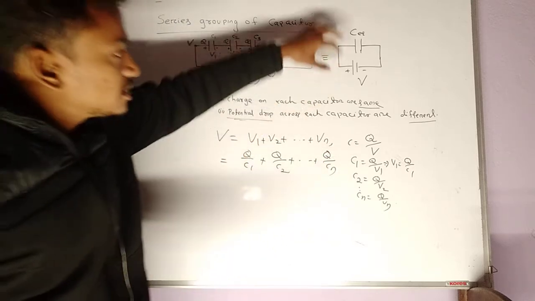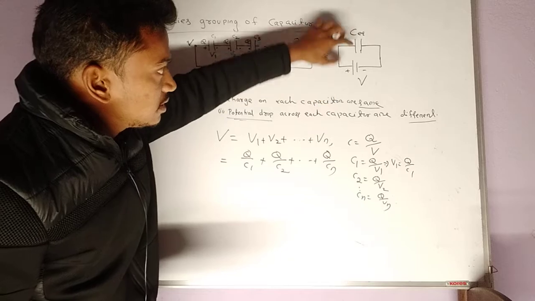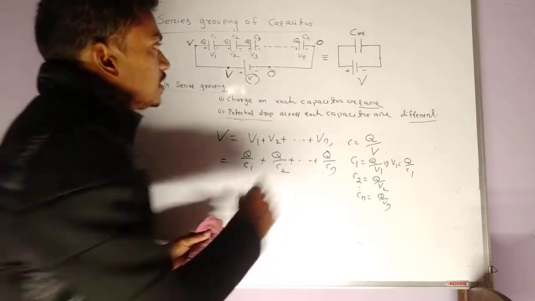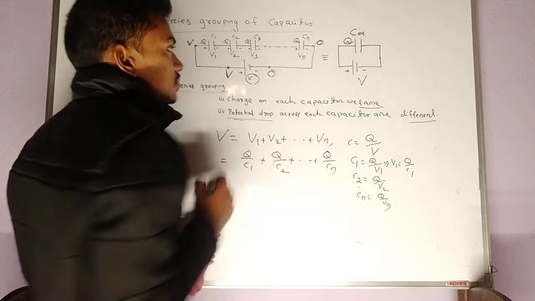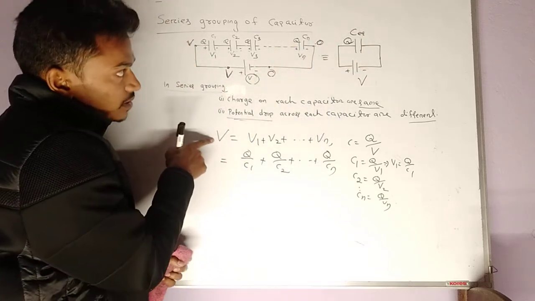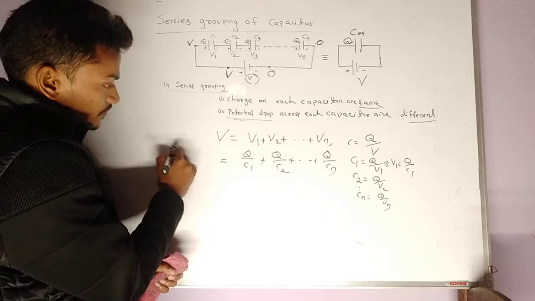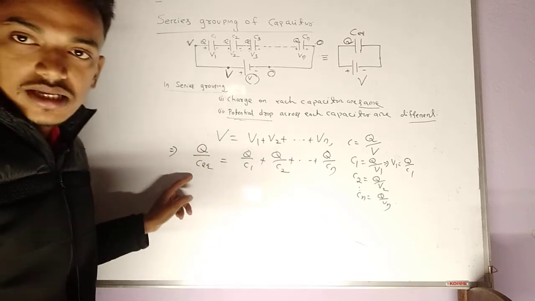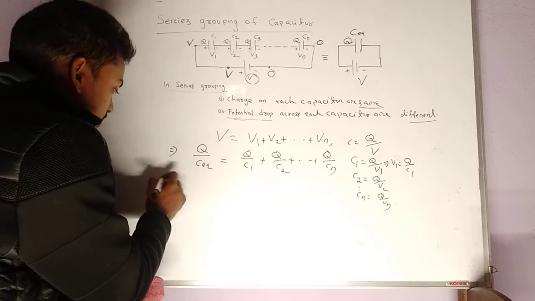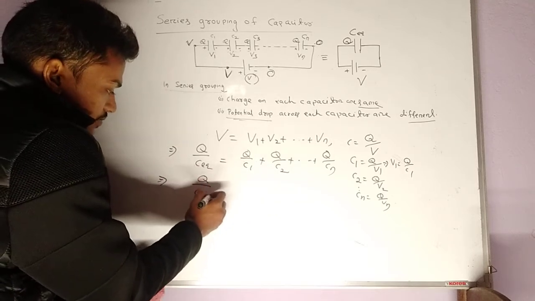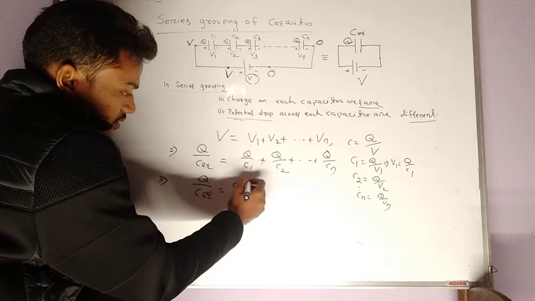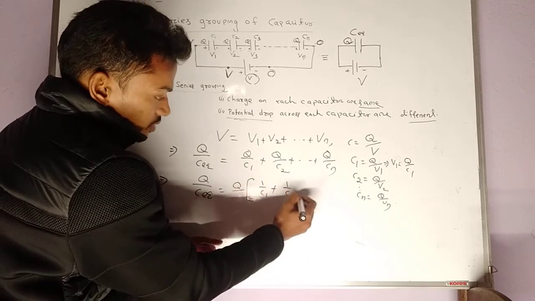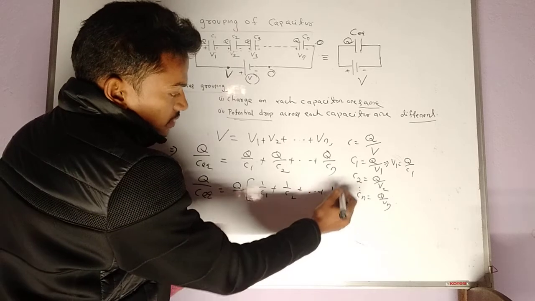See this figure. This equivalent capacitor is connected to the external battery V, and it also has charge Q. So in place of V you can write Q by C equivalent. Taking Q common on the right hand side, we get Q times 1 by C1 plus 1 by C2 up to 1 by Cn.